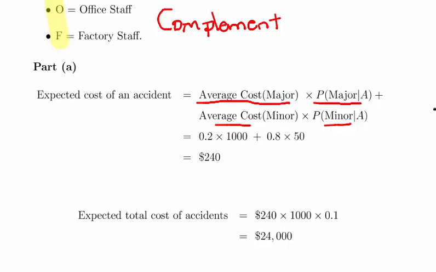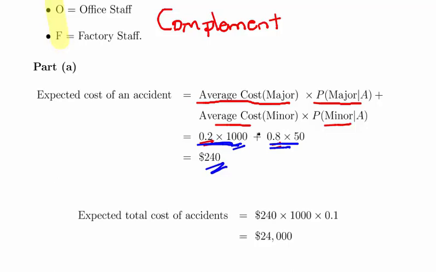Okay, so we were told previously that 20% of the accidents were major and 80% were minor, and that the cost was 1,000 for a major accident and 50 for a minor accident. So essentially that's 200 plus 40, which means that the average cost of an accident is $240.